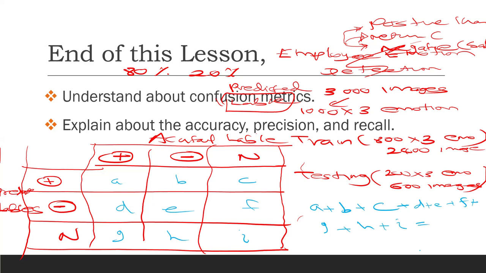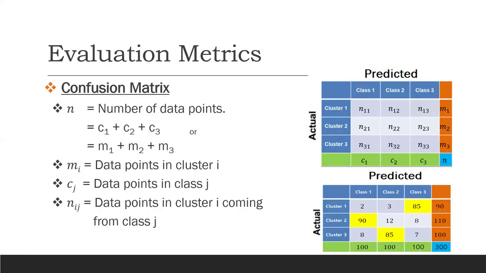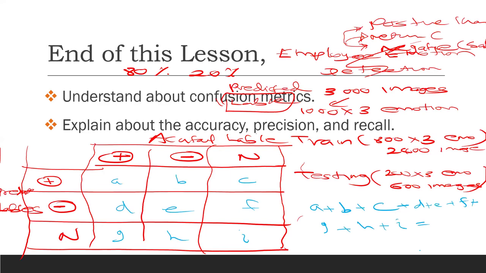Tell me, what is the sum? Tell me, do you get what I'm telling here or not? Did you get my point, what I'm telling here? I explained this real-world scenario, right? Your emotion predictions: you have 2,400 images for training purposes. You are using 600 images for testing purposes. So what is the total number? Yeah, very good. Someone told the answer. What about others? What is the total number of instances you are using for this confusion matrix?